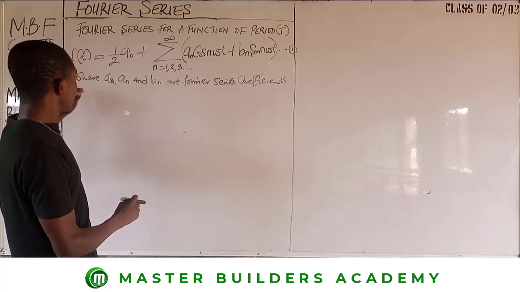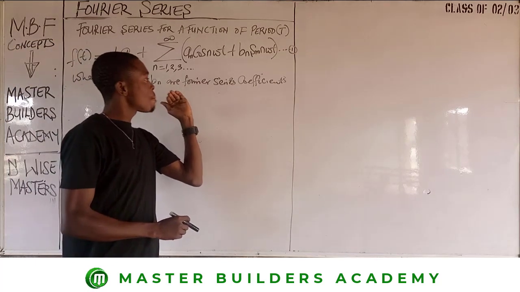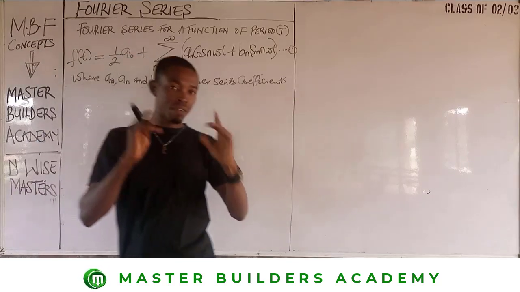Alright, so these are coefficients. A naught, an, and bn are Fourier series coefficients.